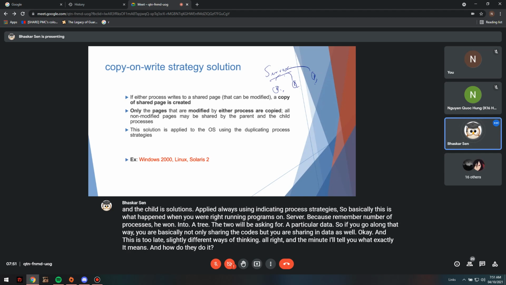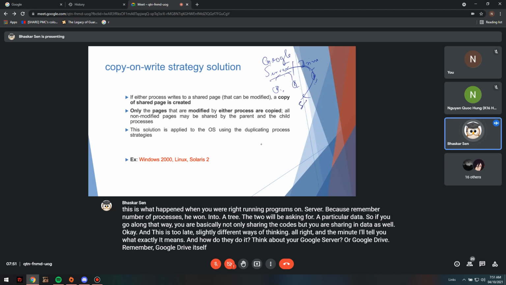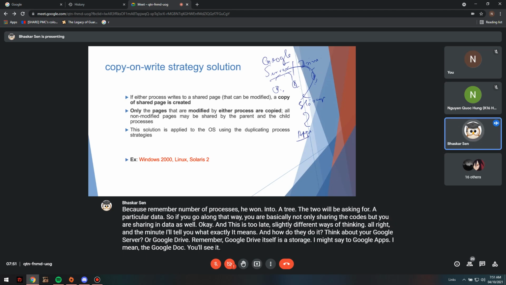Think about your Google server or Google Drive. Remember, Google Drive itself is a storage. I might say the Google Apps, I mean, the Google Doc, Google Sheet, Google Presentation. These are the most commonly used Google Apps.